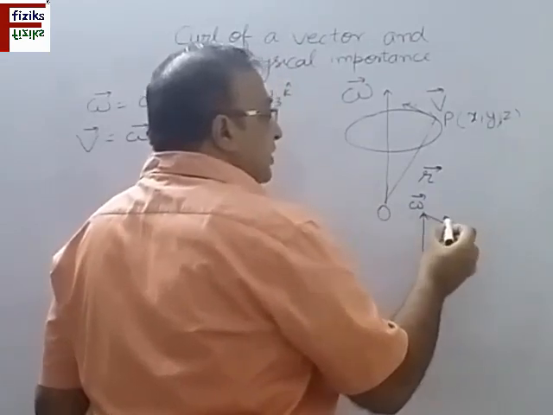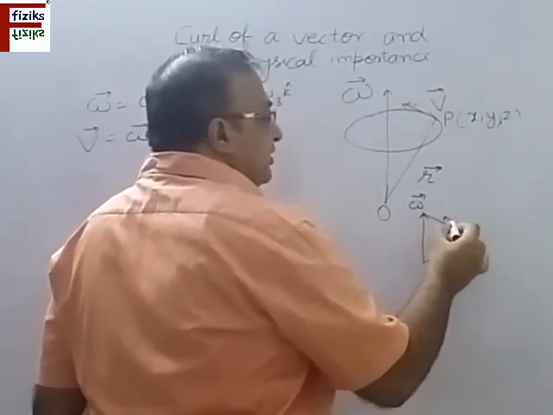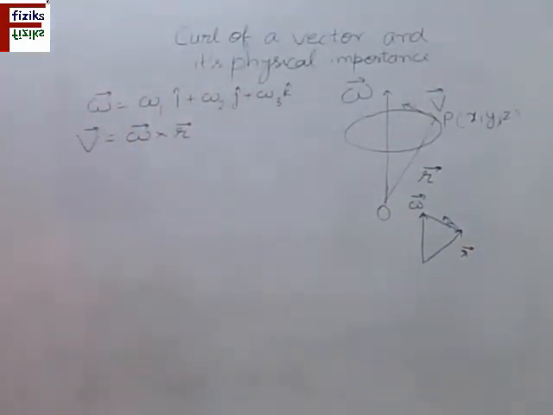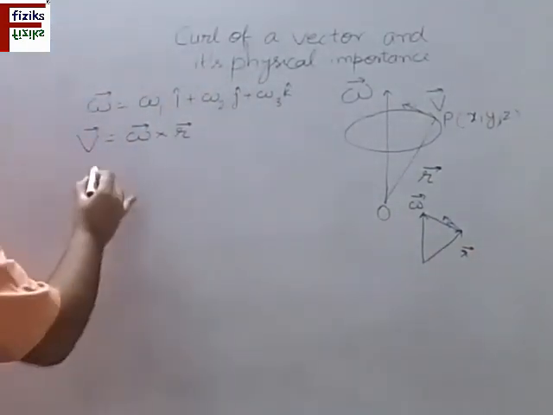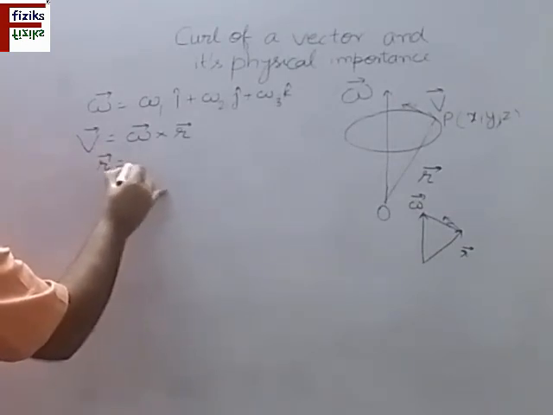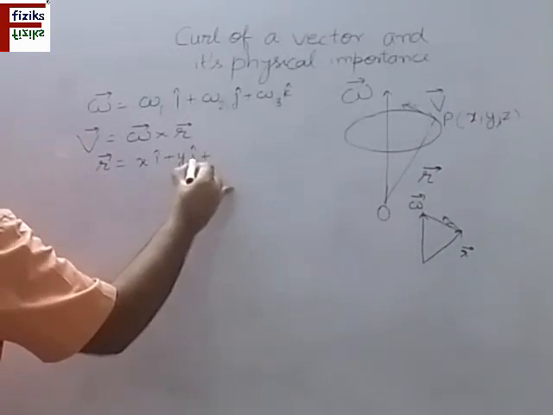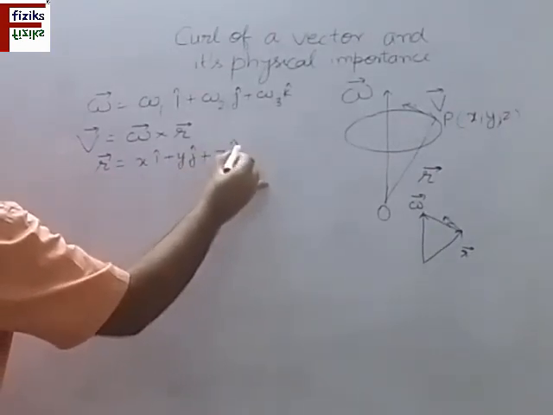So v is equal to omega cross r, and r here is xi plus yj plus zk.